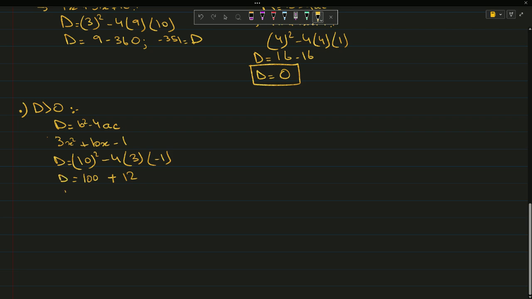Okay, discriminant d would be 112. Now it is a positive value, yes. So we would say that if the value of discriminant would be greater than 0, the roots are real and distinct.